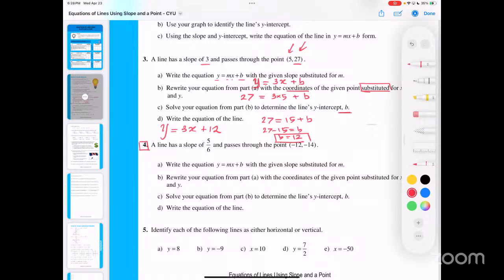Oh, I got it. Actually, I got it. Equation.